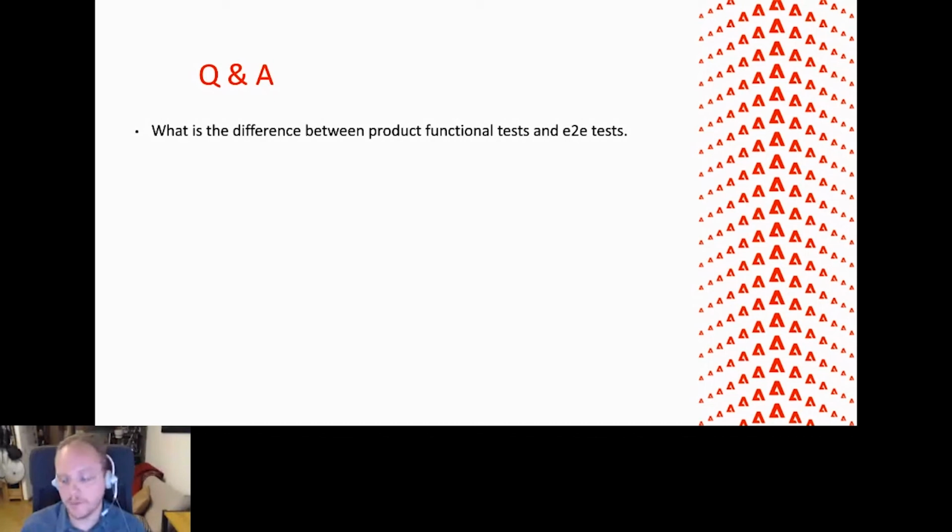As I was mentioning before, replication is one of the tests that are executed as part of the product functional tests. We also have a test that tries to create a page and delete a page. So very basic operations to ensure that your customization does not break super basic functionality.